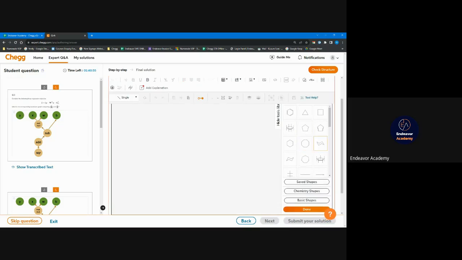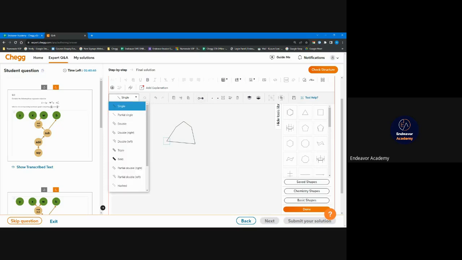Same as the illustration, this chemistry block will insert the chemical structures. We can draw the chemical structures using this chemistry block. And if I want to put any bonds, I can choose here single bond, partial bond, double, triple bond, hashed bond, wedged bond. So I can insert them as per my question requirement.